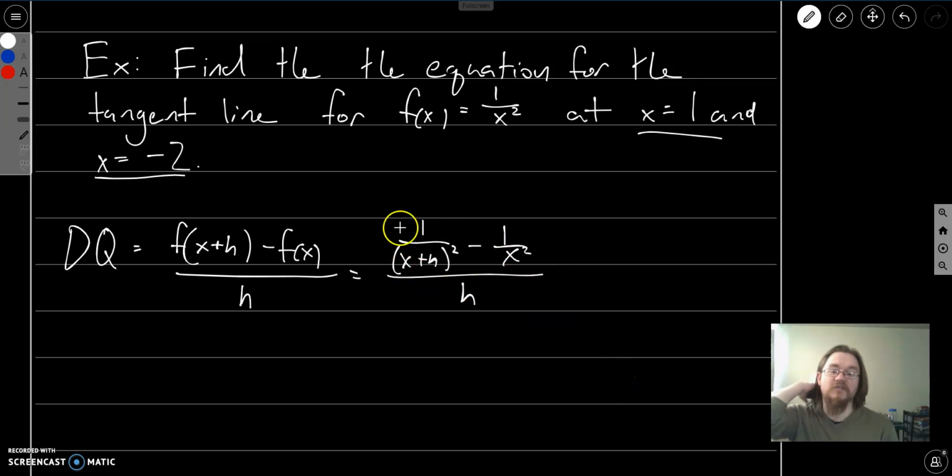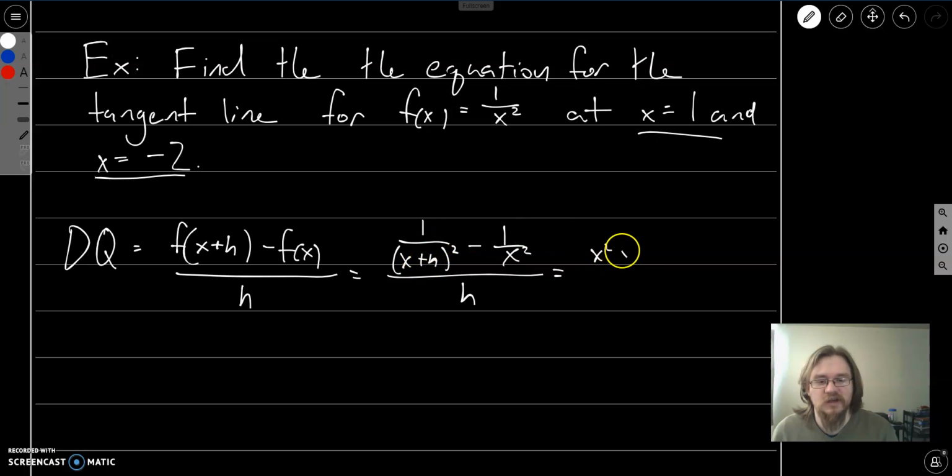And here I've got some fractions on the top. I want to simplify these. So in order to consolidate these fractions, I am going to need them to be over the same common denominator. So what I'll do is I will multiply the one on the left by x squared.